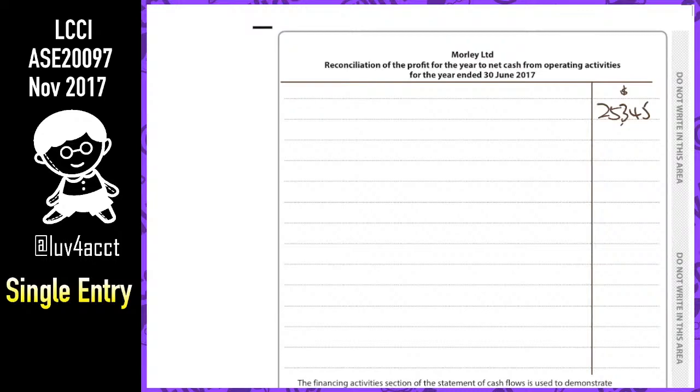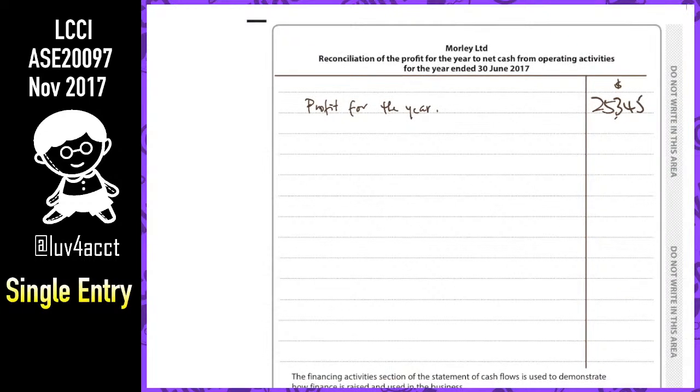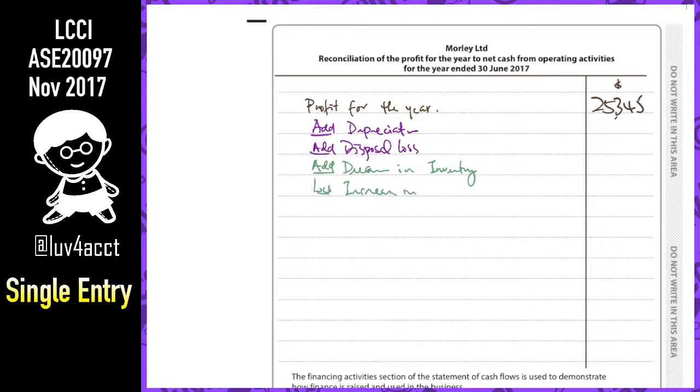You have the profit for the year, and then add depreciation, add disposal loss, and then add decrease in inventory, less increase in trade receivables, and increase in trade payables.